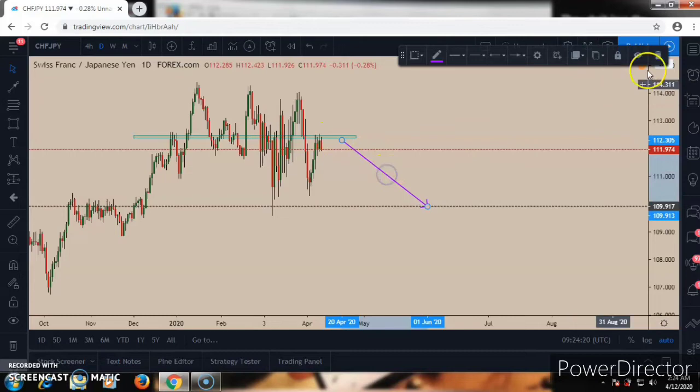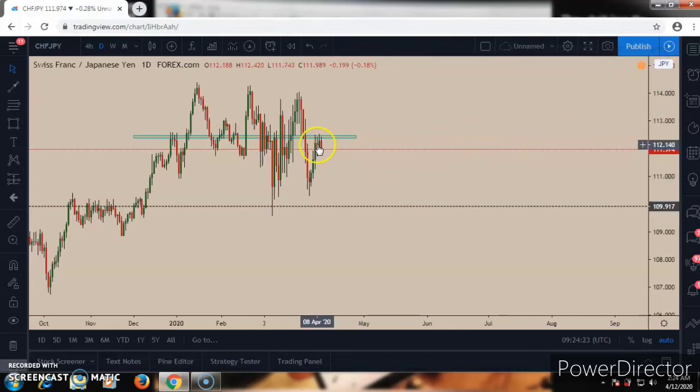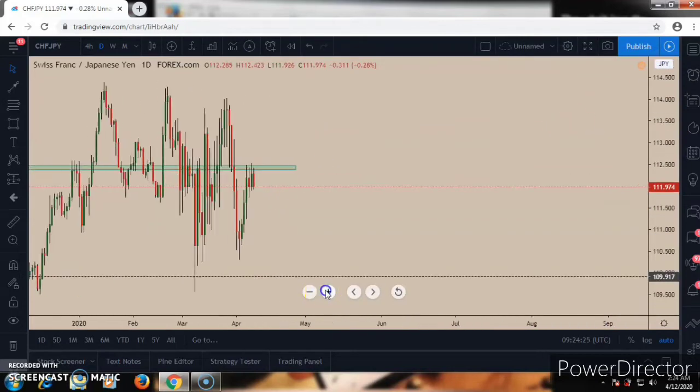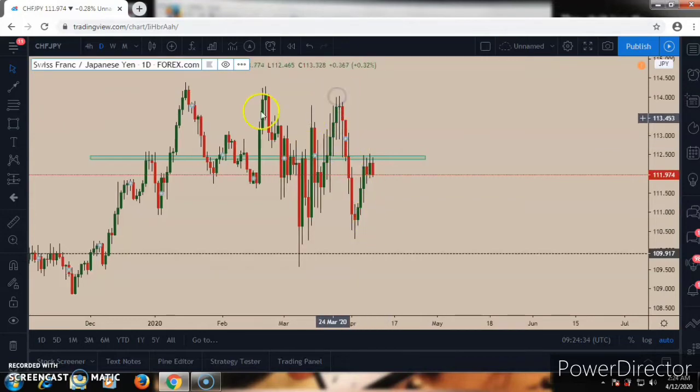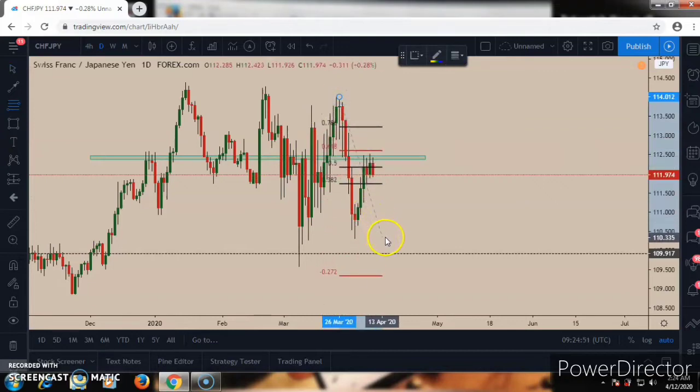So what I'm looking at now is a short at this region, but let's make use of the Fibonacci retracement tool to get more confluence. We'll draw the Fibonacci from the high to the low.